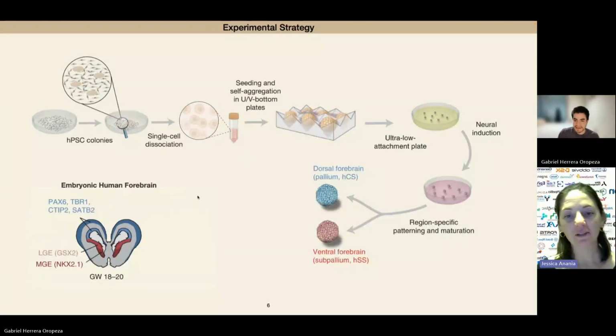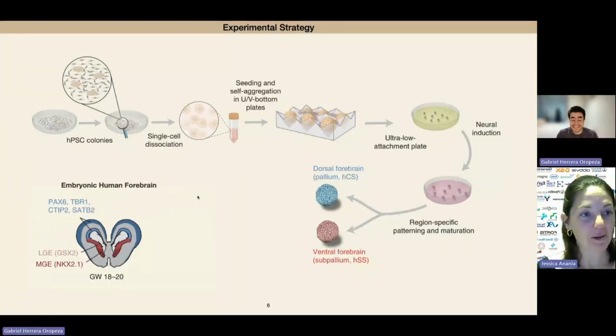Yeah, that's amazing that you can make it so specific to manipulate it to be one region. Yes, actually, you can push organoids to generate different regions of the brain, and this is just by adding patterning molecules that we already know from studies in mice. Yeah, amazing.